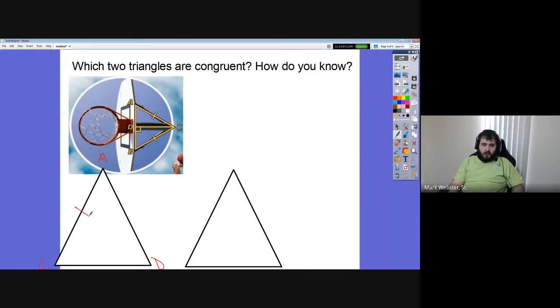AC has a 1 on it. And if you look in this picture, CD and the one on the other triangle, they're a reflexive pair. So CD will be our 2 pair. I'll put that right here, right? And then angle D is our right angle.